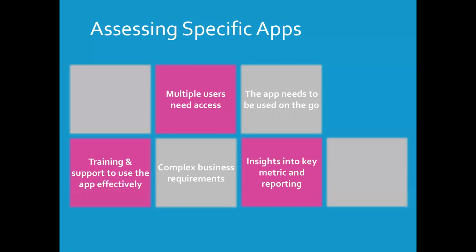Can I create bespoke reports that show quite quickly and easily what I want to see on an ongoing basis? And what reporting is included as standard? Some of the apps will give quite good information. And of course, can any information I'm identifying here be easily exported into a reporting tool that I want to use as well?